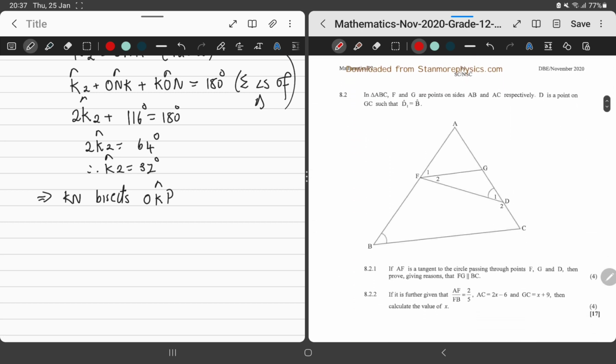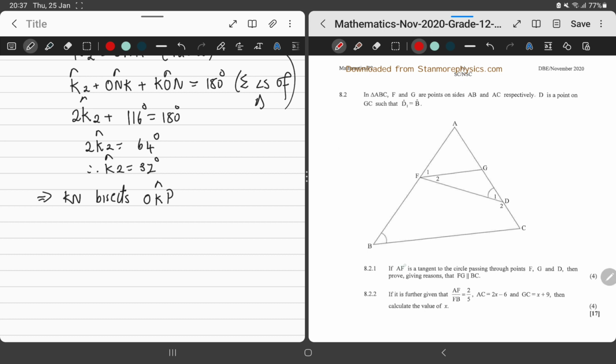8.2. In triangle ABC, F and G are points on the sides of AB and AC respectively. D is a point on GC such that D1 is equal to B. And then 8.2.1.